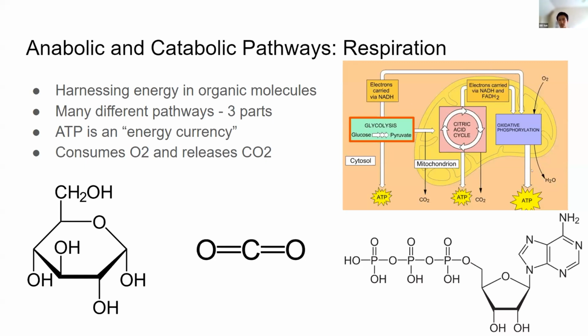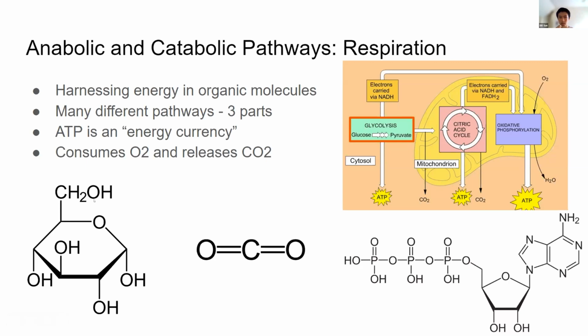The actual process of respiration is very complicated. It occurs in three main processes known as glycolysis, the citric acid cycle, and oxidative phosphorylation, or the electron transport chain. The basic idea is that we take the sugar or any other organic molecule, such as glucose, and continually oxidize it.